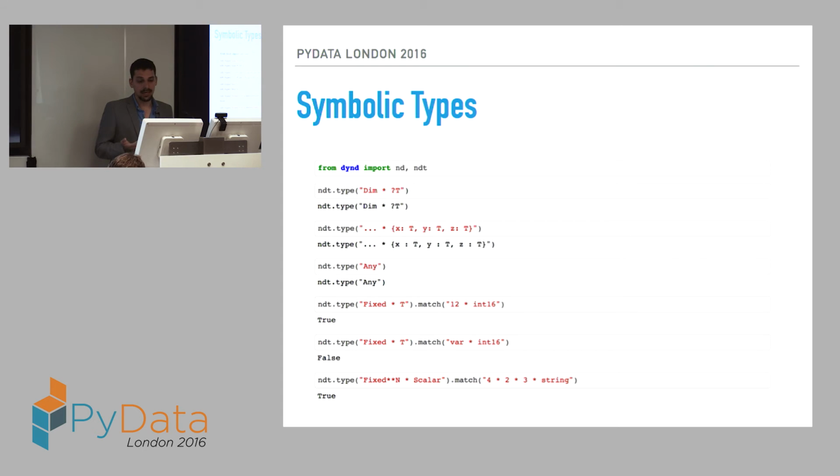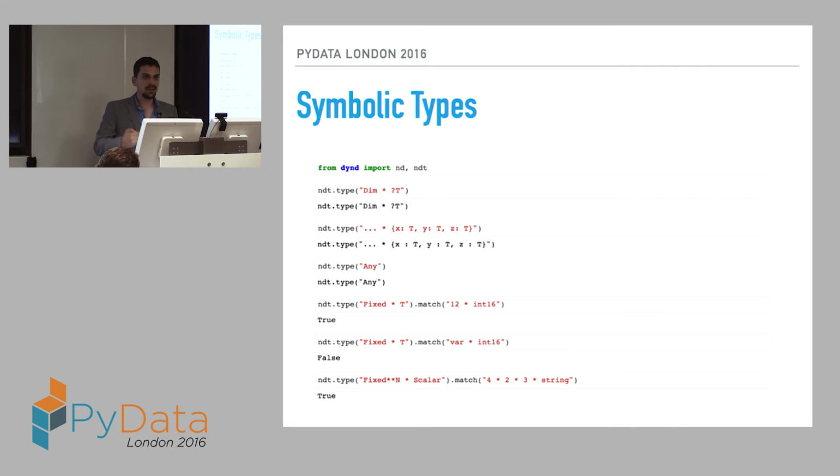We also have symbolic types. So in DyND, as I said, we can have variables like T to represent a parameterized type. We have ellipses, which can represent any number of dimensions, like in the second example. And we also have Any, which is sort of like the superclass type. And we have type matching.